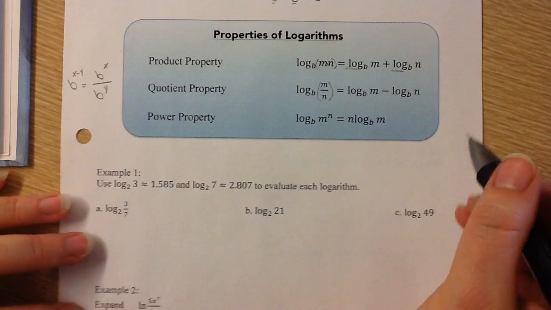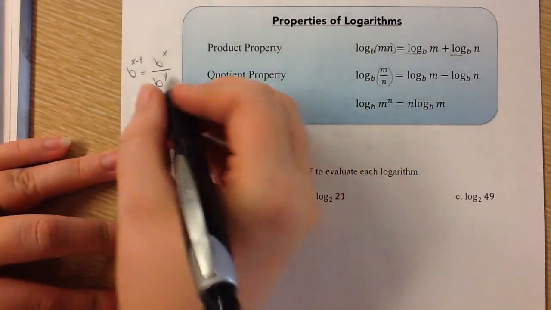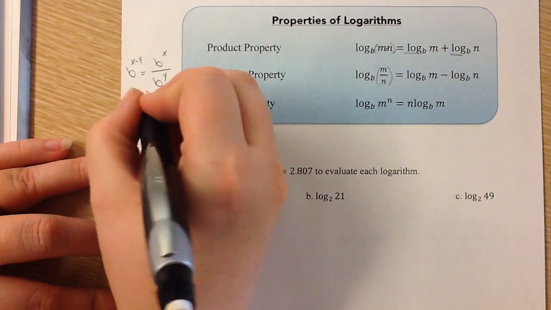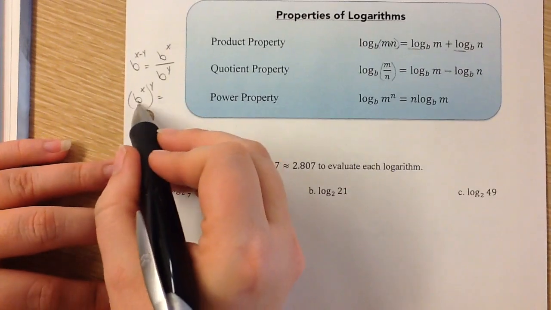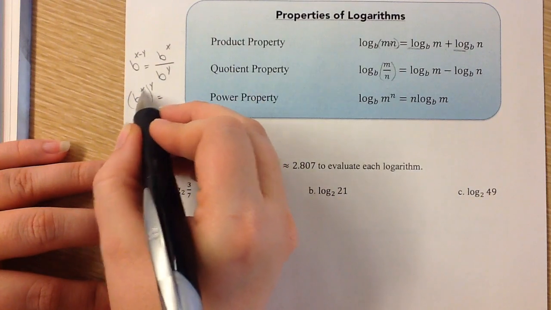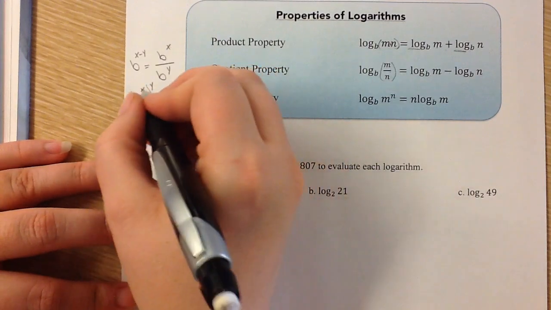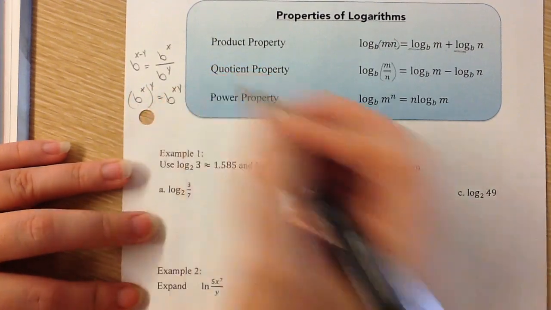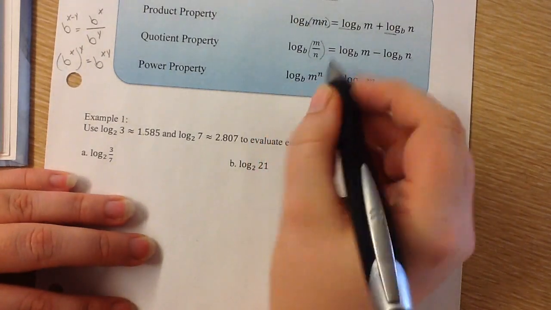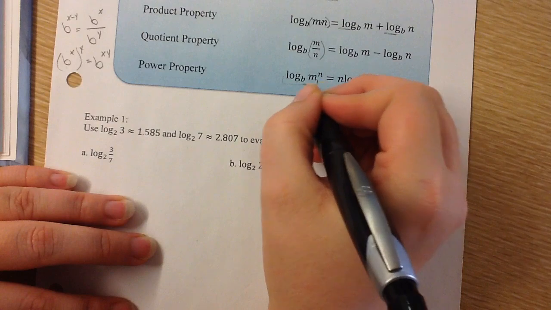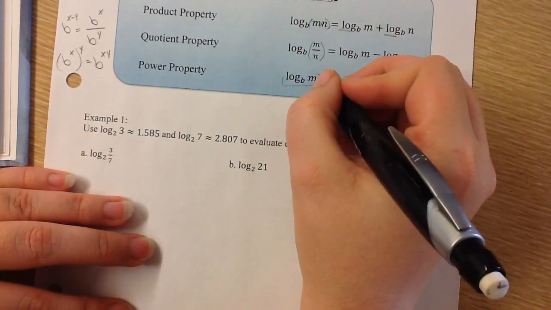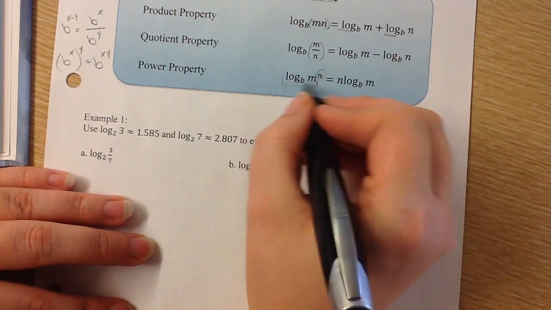Now we have the power property, and this comes from b to the x, to the y. If I have an exponent and I take it to another exponent, we multiply the x times the y, b to the x times y. Here the m is really an exponent to another exponent, so I just take this n and multiply it times the log.